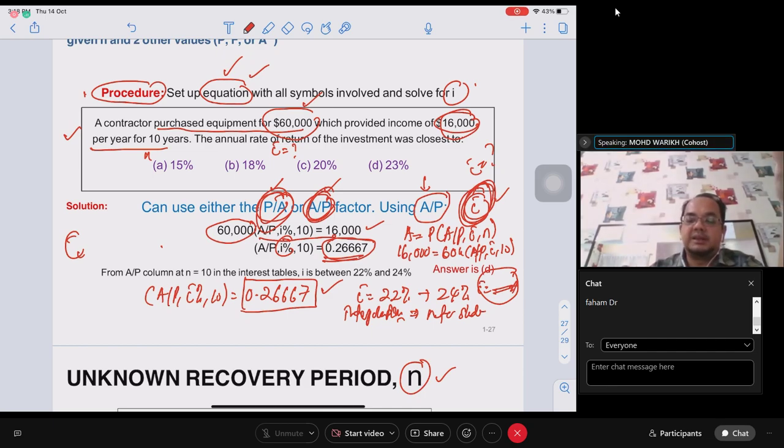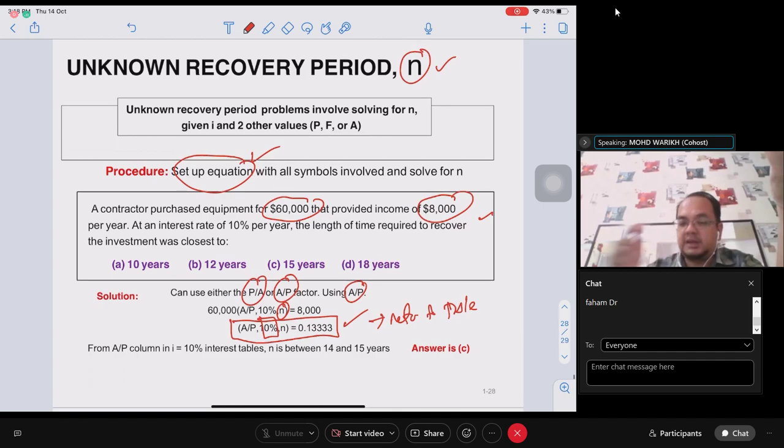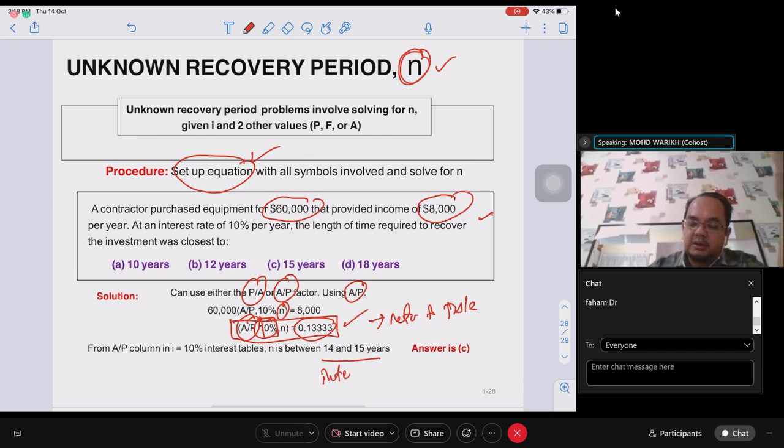But in this problem, for n, we just refer to the 10% page only, at this column. So which one is the closest one? From this page, the closest one is about 14 to 15 years. So you get the answer.